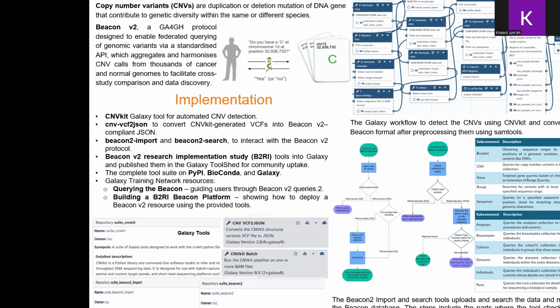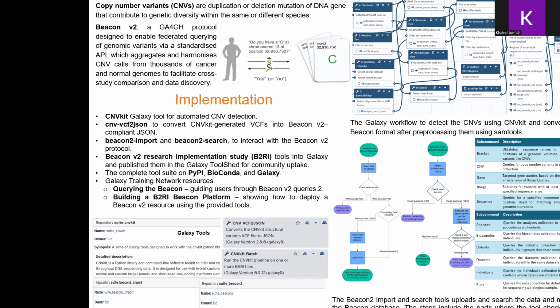One of them is CNVkit batch, where you can run the whole pipeline to detect the CNVs, or if you want a more thorough query, you can use the rest of the tools that are available in the toolkit. All of them are wrapped into Galaxy and can be used in Galaxy Europe or from Galaxy France or Galaxy Australia.